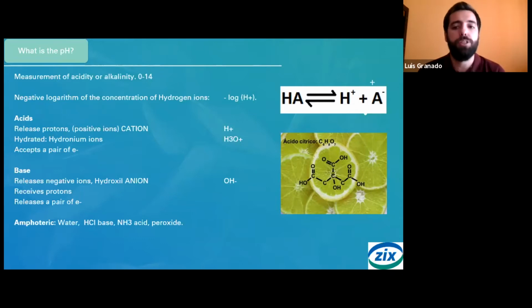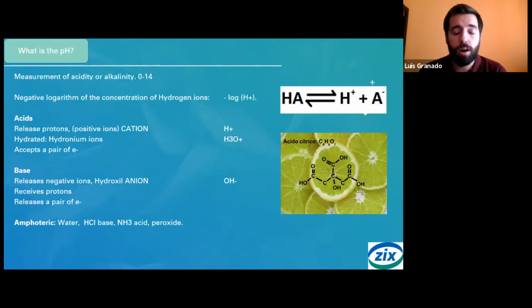But this is just talking in general, right? Without going deep into it. So just stick to what I said before about these hydrogen protons to understand the whole thing. And just to mention as well that some substances can work in both ways. They can act as an acid or as a base depending on the environment where they are.